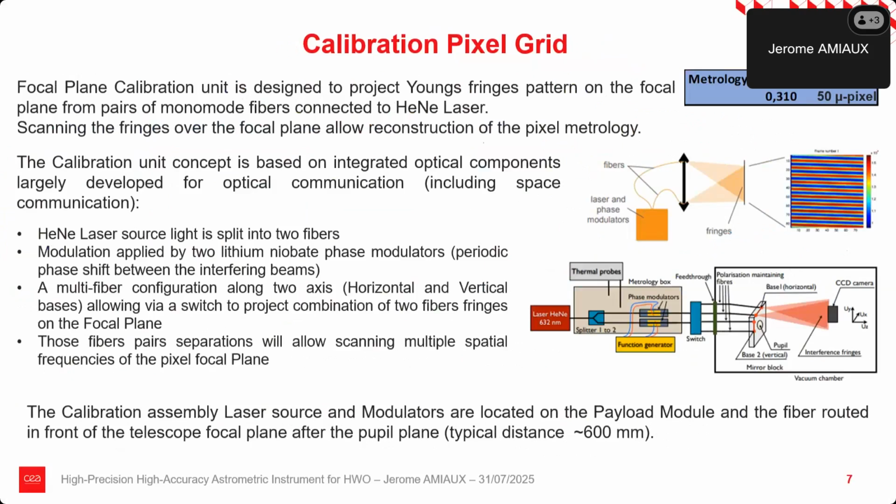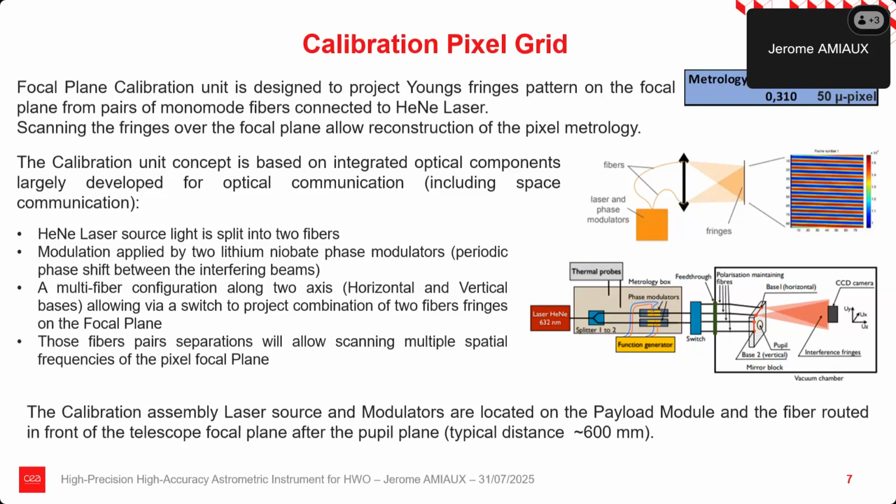The first calibration part is calibrating the pixel grid. So we know that the pixels, they are not perfect top hat grid due to manufacturing, intrapixel response variation. So on board in the instrument, we will have a calibration unit which allows to retrieve the pixel grid by projecting interference fringe pattern on the focal plane and scanning them on the focal plane.